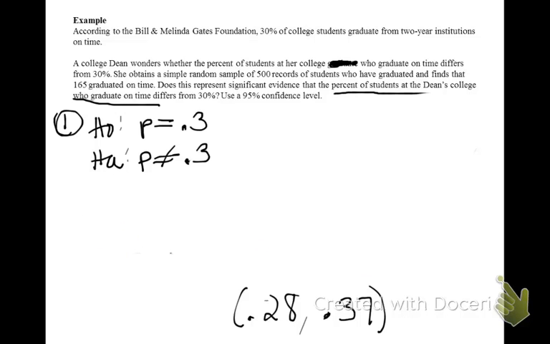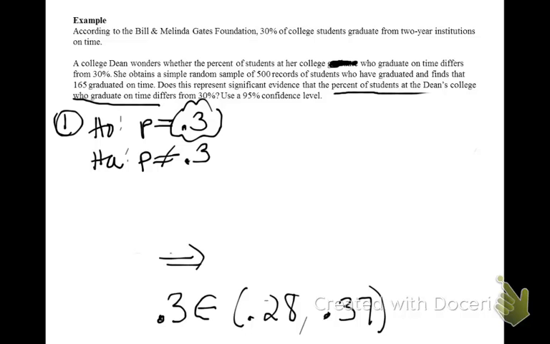If you take the number from your null hypothesis, the idea that the true percent who graduate on time equals 0.3, and see if 0.3 falls into this confidence interval, you will find that 0.3 is indeed a number between 0.28 and 0.37. It is indeed contained in the confidence interval, so it's likely that the proportion could equal 0.3.